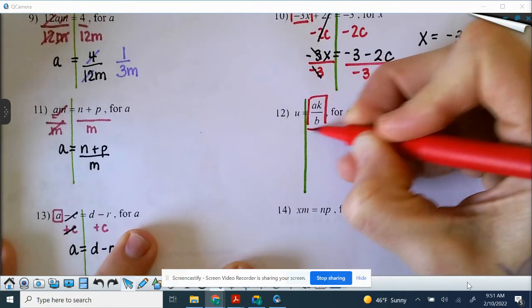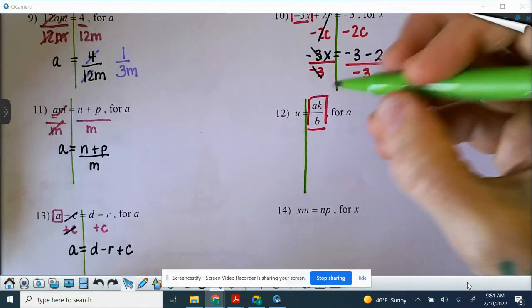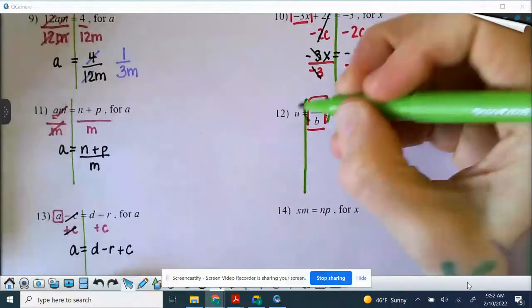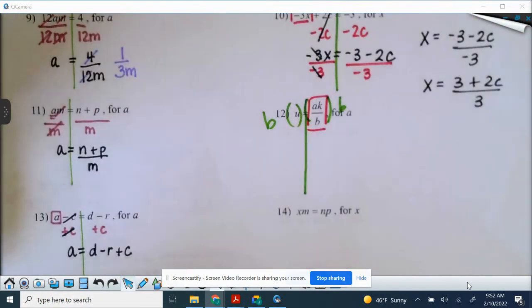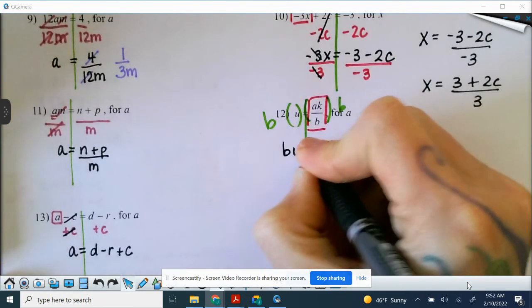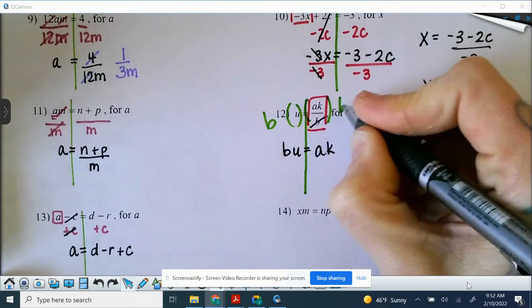So this is a perfect example of a two-step literal equation. I need to get the b off the bottom so I can start getting a by itself. So I'm going to multiply both sides by b, and by the bottom I mean out of the denominator. And b times u does nothing magical besides become bu equals ak, because that got rid of my b in the bottom.